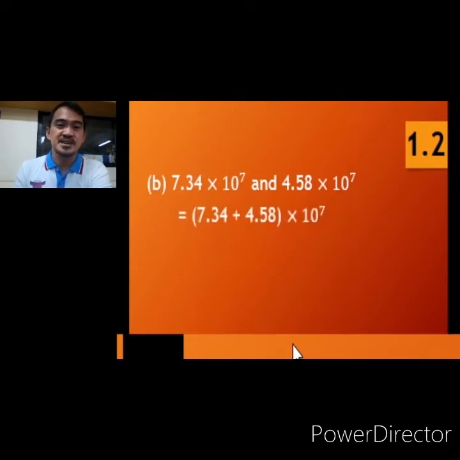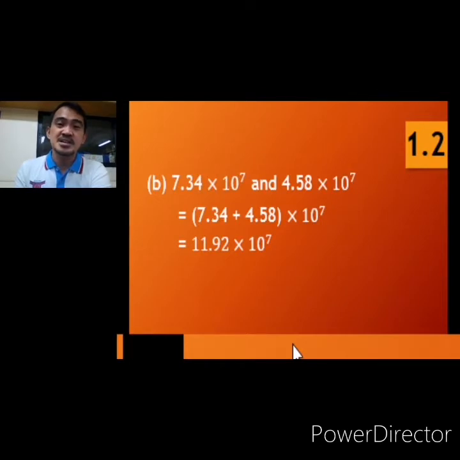So we will just get the sum of the two numbers, equal to the quantity 7.34 plus 4.58 times 10 raised to the power of 7. And the sum of these two is equal to 11.92 times 10 raised to the power of 7.